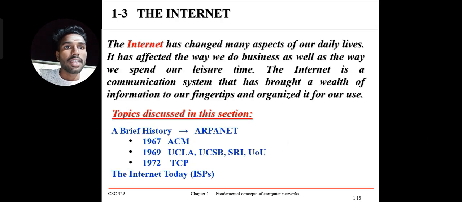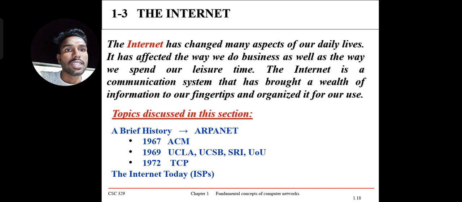Next one is the internet. The internet has changed many concepts of our daily lives. It has affected the way we do business as well as the way we spend our leisure time. The internet is a communication system that has brought a wealth of information to our fingertips and organized it for our use.